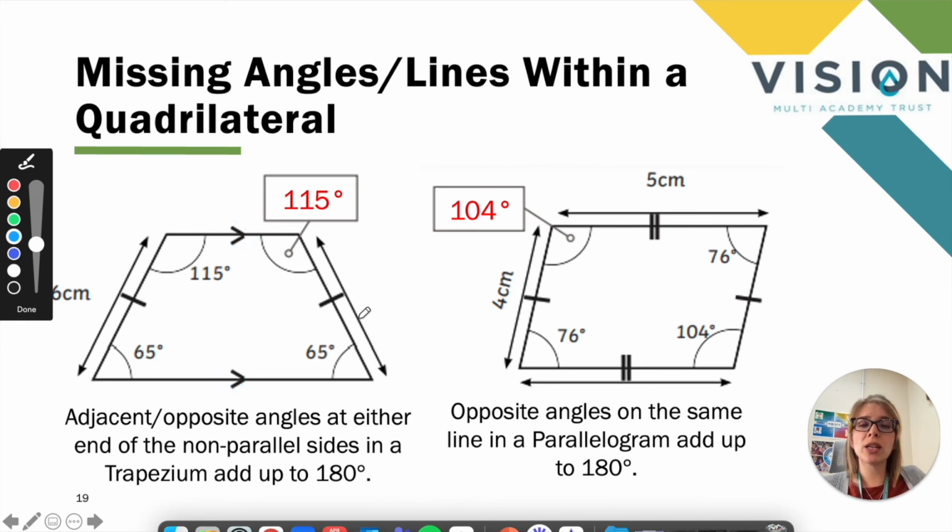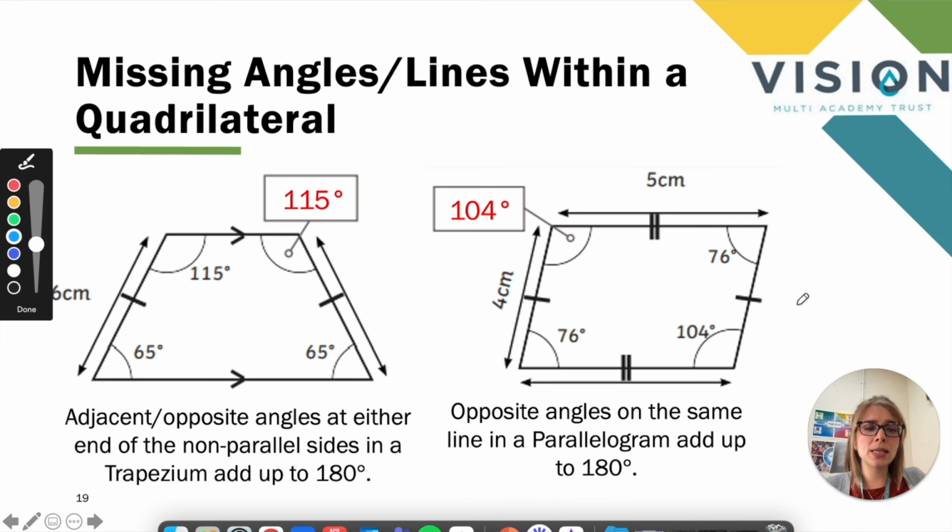So we want to be looking at the non-parallel lines, this side and this side. Opposite angles at the end of a non-parallel side will add up to 180. So this angle and this angle make 180 degrees. All we need to do is take 180 degrees and subtract this angle of 65, which gives us 115.